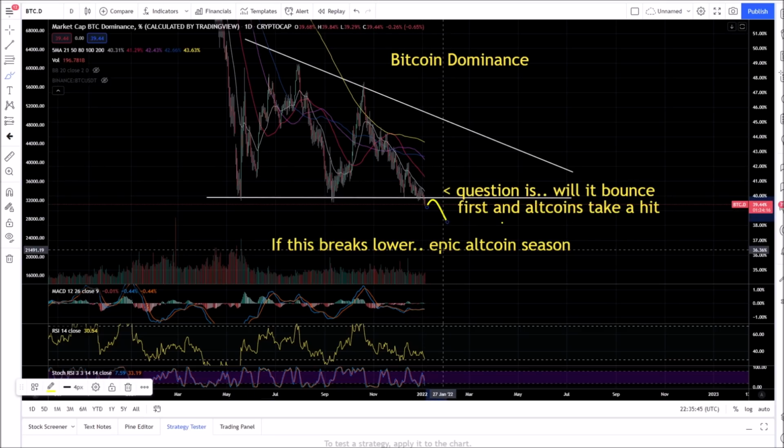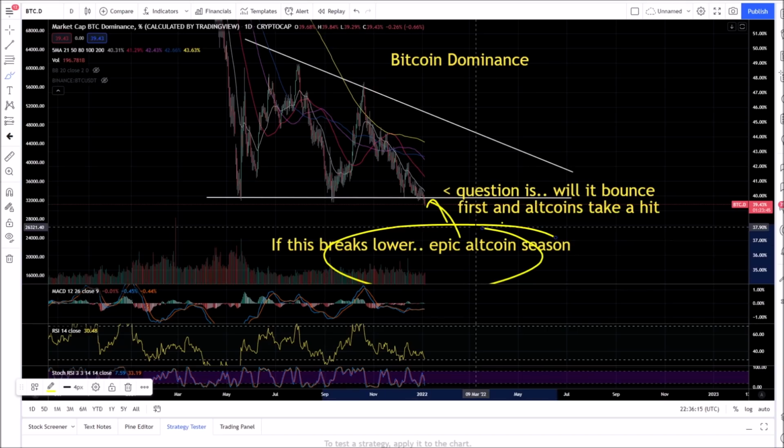You have to have an idea where it's possible Bitcoin just kind of fades, doesn't do a whole lot, and the market focuses on NFTs, GameFi, Metaverse, altcoins, which clearly at this point, mainstream adoption is coming, right? And so we're in a situation where Bitcoin may not be the focus and poster child of this market. And so this scenario would mean Bitcoin dominance continues lower and you get an epic altcoin season, right?